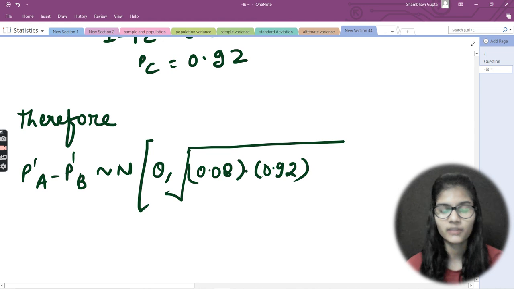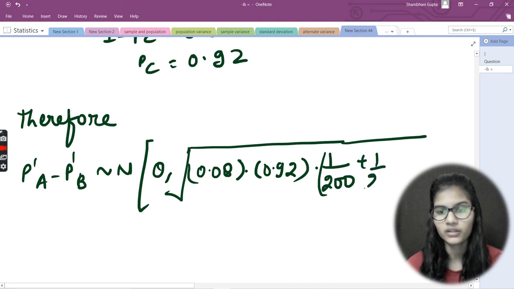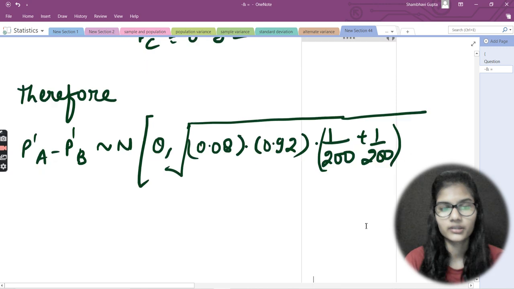So these both are multiplied first of all with each other. After that we were having 1 upon NA plus 1 upon NB, right? So in that case 1 upon 200 here plus 1 upon 200, right? Because NA and NB are having the same values in this particular case.